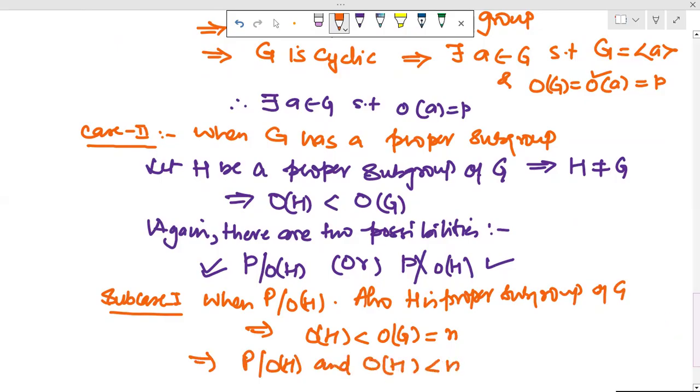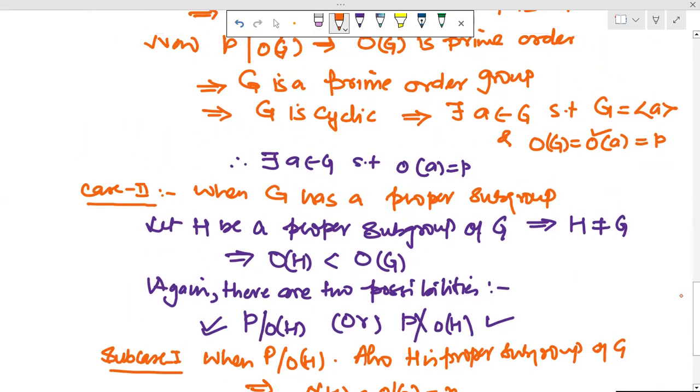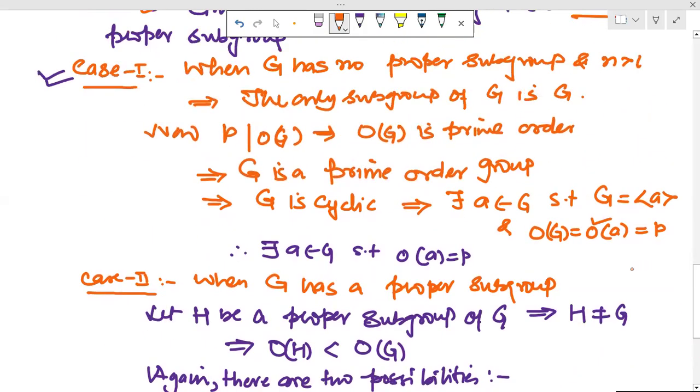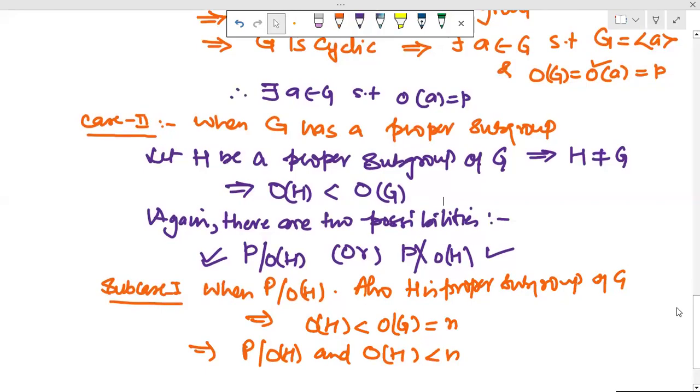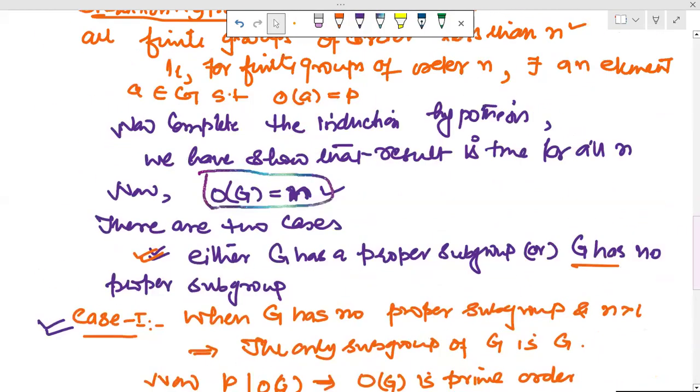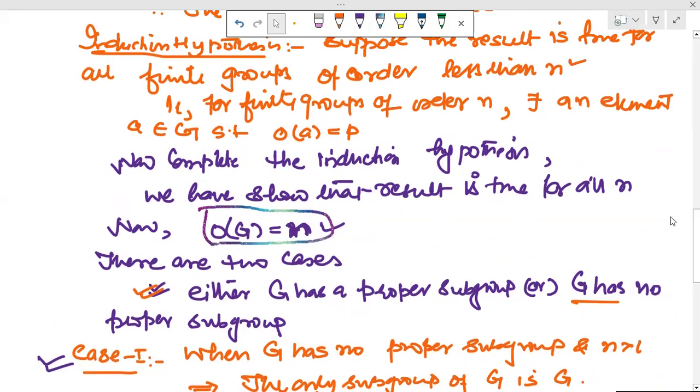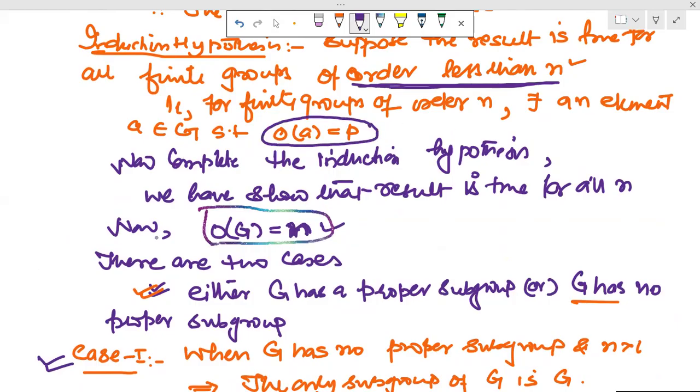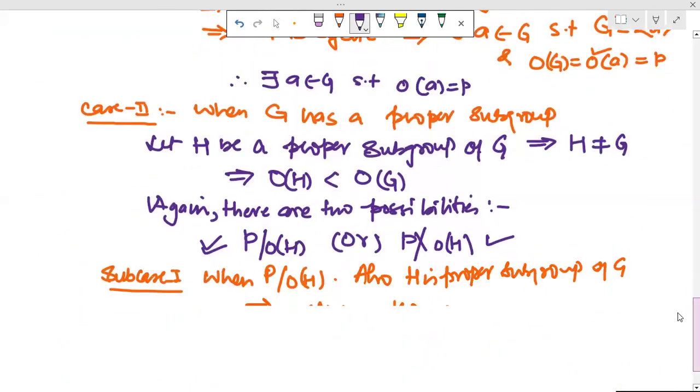So by the induction hypothesis, which says that if we have a group of order less than n, and P divides the order of the group, then we get an element of order P. So we are using this statement.